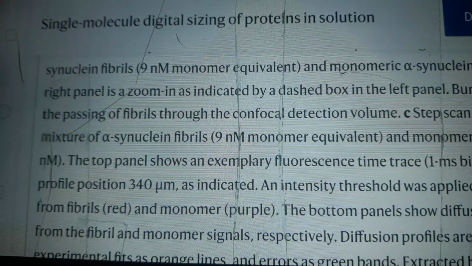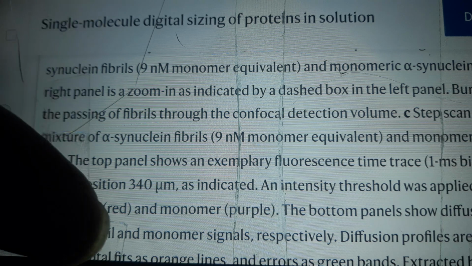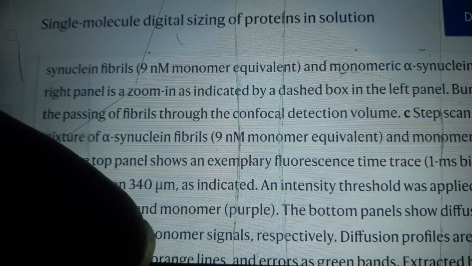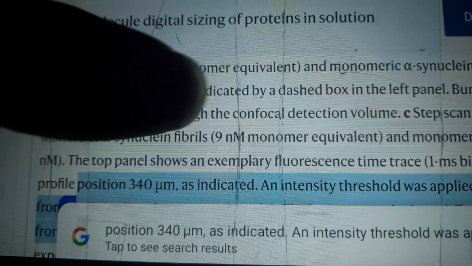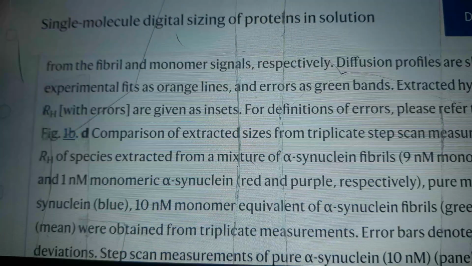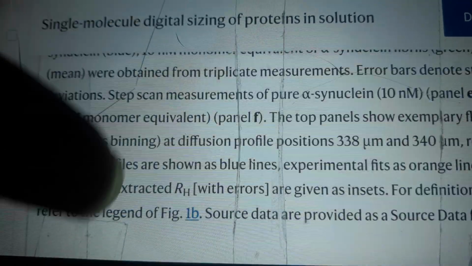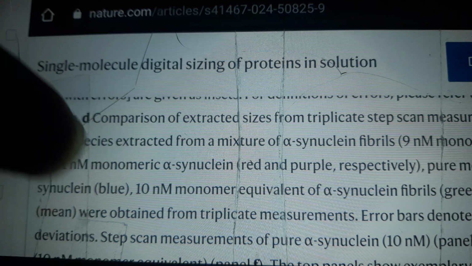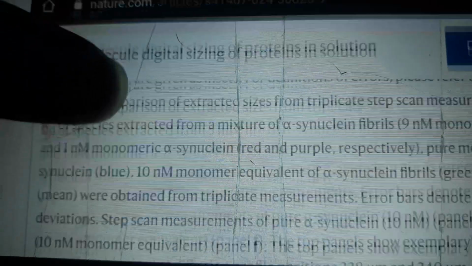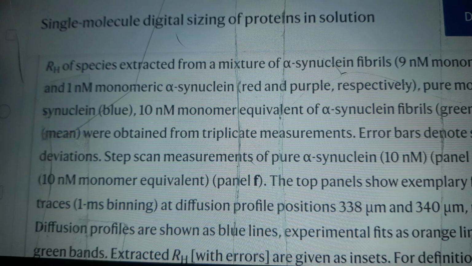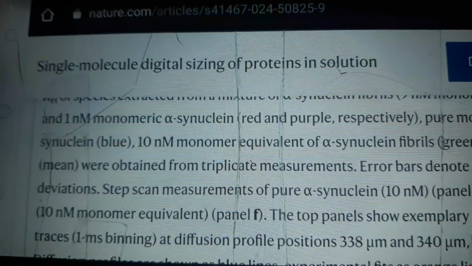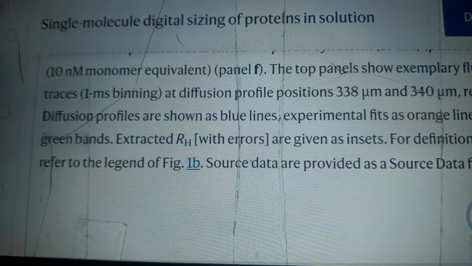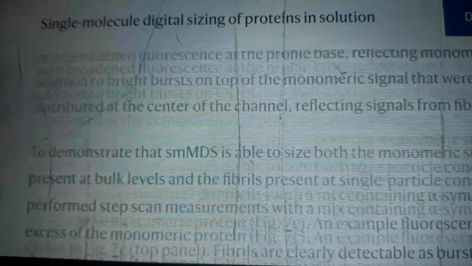C, step scan measurement of a mixture of alpha-synuclein fibrils, 9 nM monomer equivalent, and monomeric alpha-synuclein. Comparison of extracted sizes of triplicate step scan measurements. Pure fibrils of 10 nM monomer equivalent, and the top panel shows exemplary fluorescence time traces.